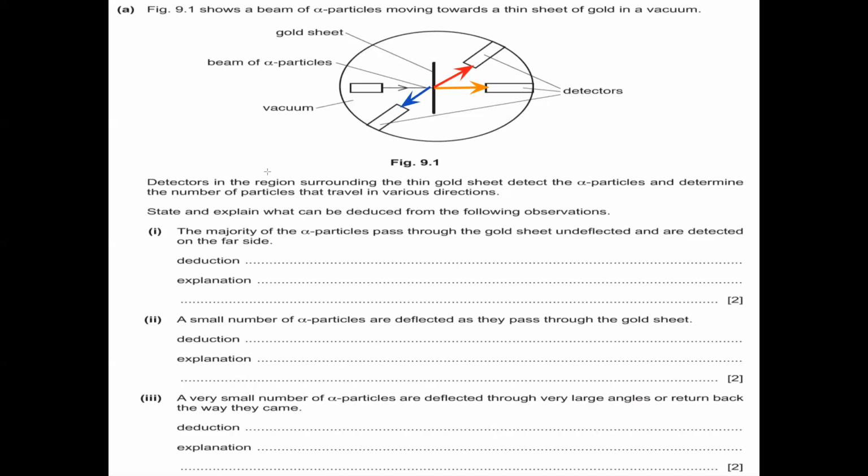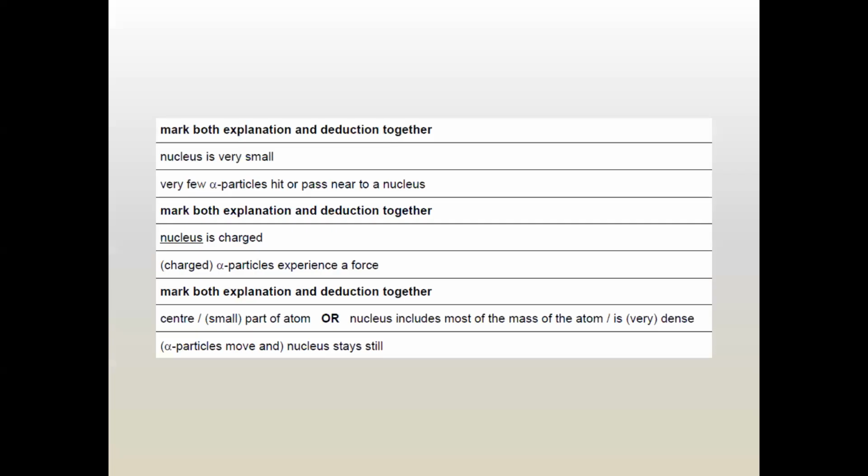So what we can say about this following observation, majority of the alpha particles are able to pass through a gold sheet undeflected and they are detected on the far side. If most of the alpha particles pass through, we can deduce that the nucleus is very small, that is our conclusion.